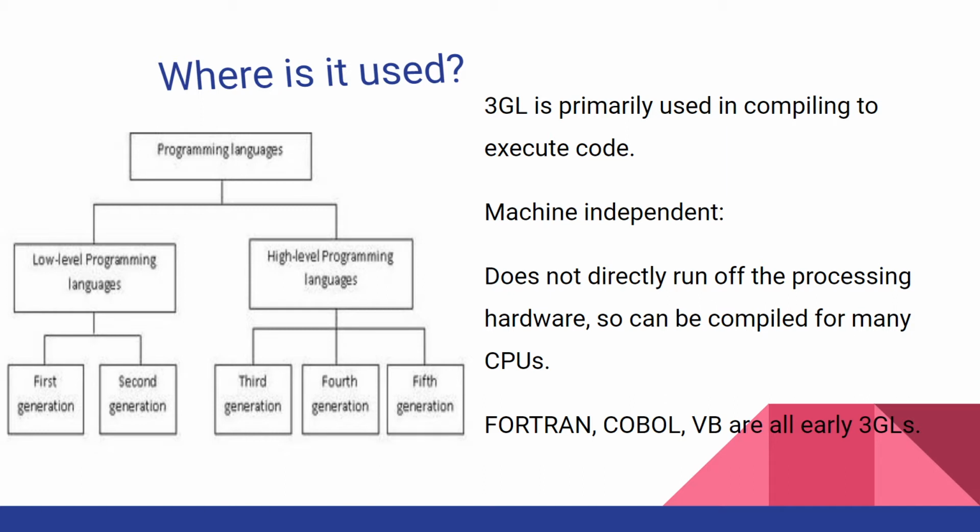So you'll see you have your lower level languages, first and second generation, your higher level languages that are almost English, in your third, fourth and above. Fortran, COBOL, C, C++, C#, Java, JavaScript, Ruby, etc. They're all third generation languages.